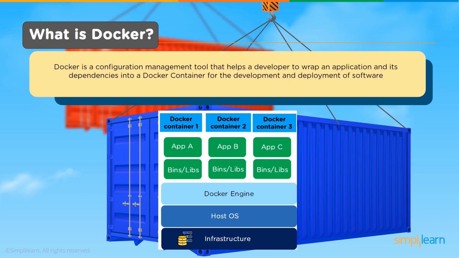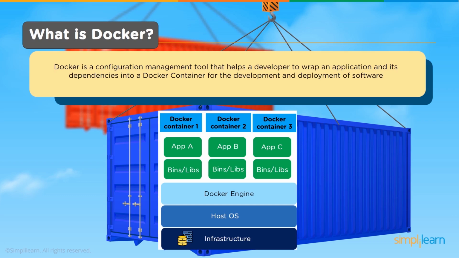After the host operating system, on top of that you install the Docker engine, the Docker software. It's just like you have a virtual machine on Linux, and on top of that you install the Docker software. Once the Docker engine is installed, it takes care of managing the Docker containers. You don't really have to do a lot of work.